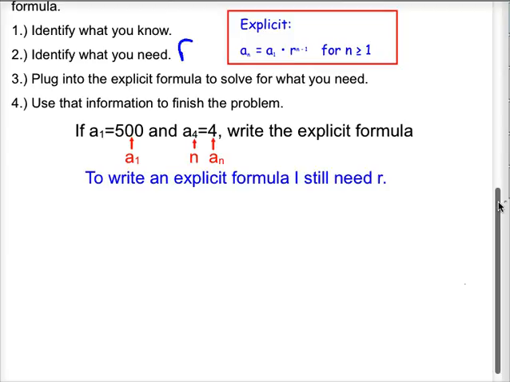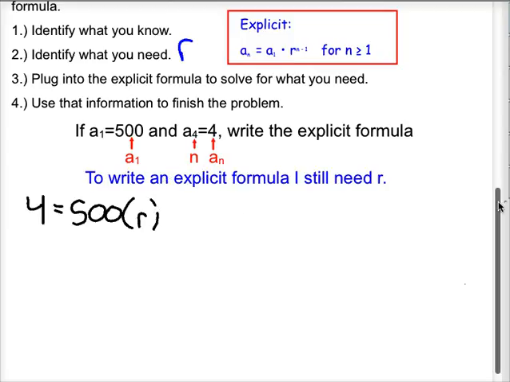So I'm going to say that I know what that future term is. I know my future term is 4, and that's going to equal my A1. I don't know r, but I know the future term that I'm talking about. All right, well, the first thing I can do is 4 minus 1.